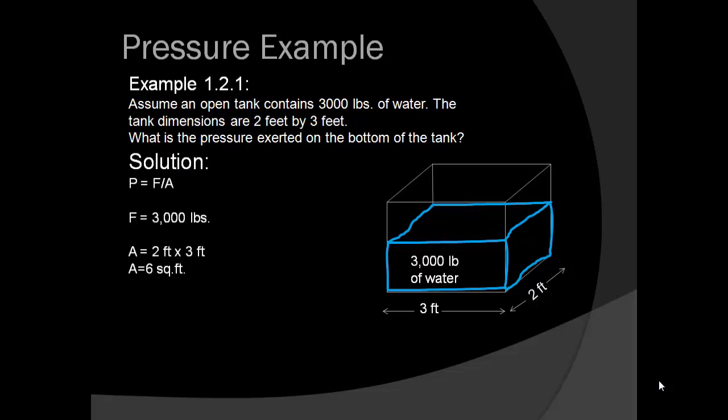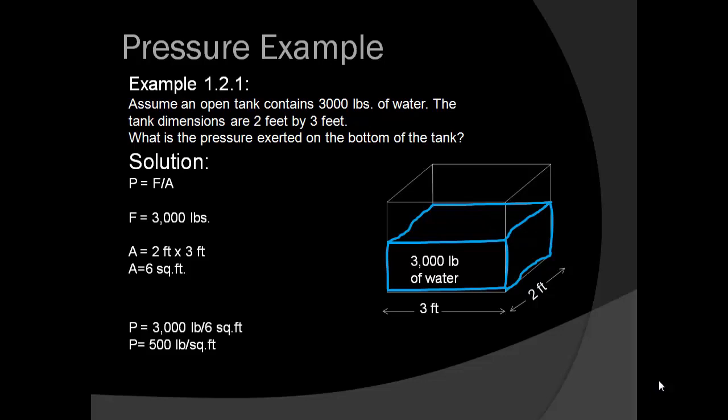The solution here is to use the equation for pressure: pressure is equal to the force divided by area. In this example, the force is the weight of the water, which is 3,000 pounds. The area is the area on the bottom of the tank, which is 2 feet by 3 feet, which equals 6 square feet.